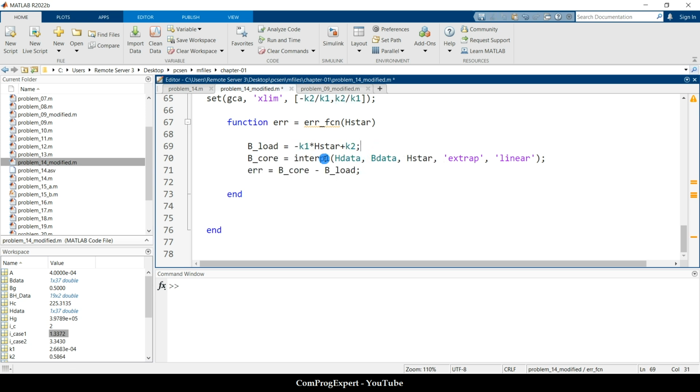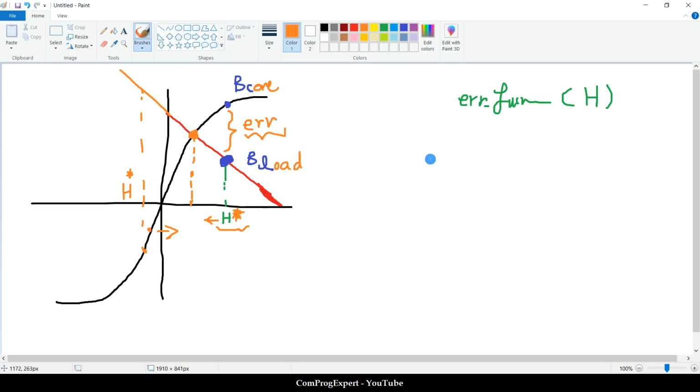Because this is a nested function, and in this case we have access to all variables, right? When you define a function in MATLAB, you can also define a nested function, a function inside a function.